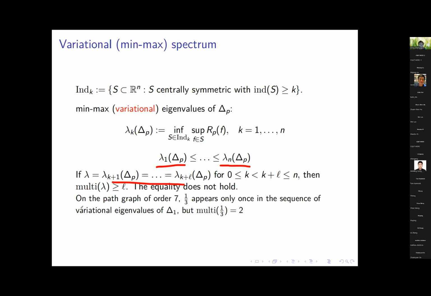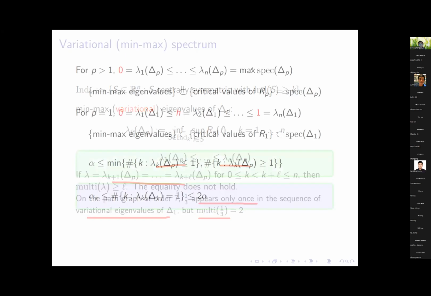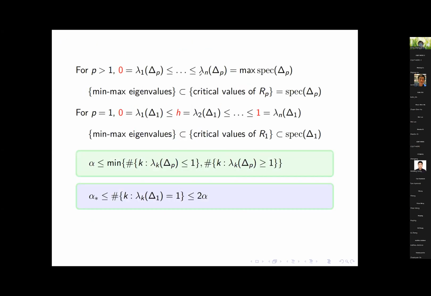Here is an example. On the path graph of order 7, we can prove that 1 over 3 appears only once in the sequence of the minimax eigenvalues of the 1-Laplacian, but its multiplicity is 2. So it's very strange. For p larger than 1, we have these basic properties. The first eigenvalue of the p-Laplacian is always 0, and the last variational eigenvalue is the largest eigenvalue.